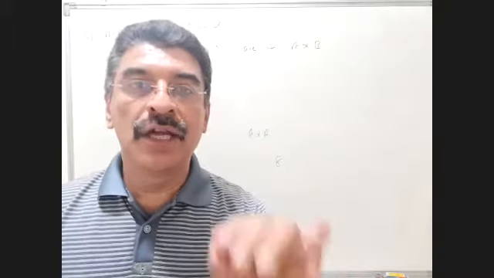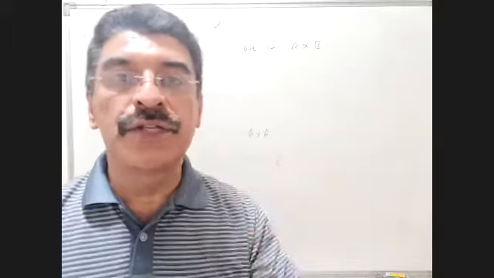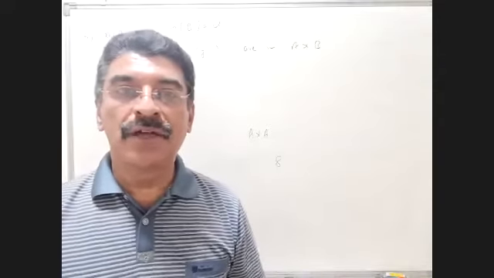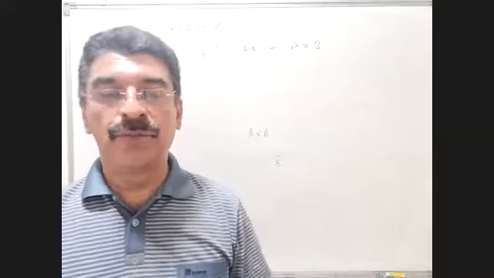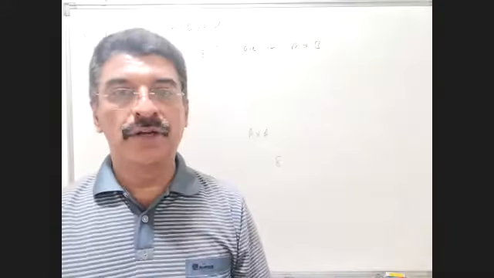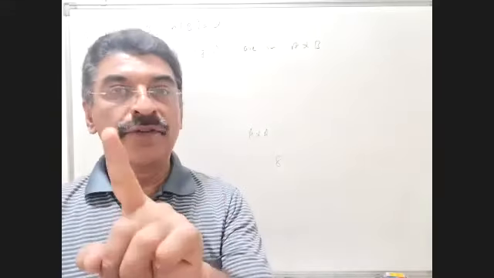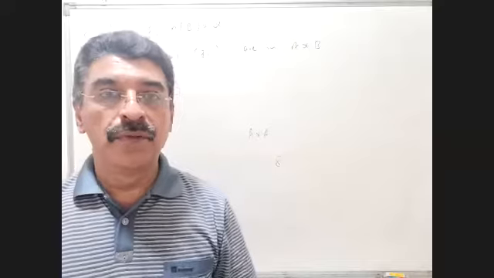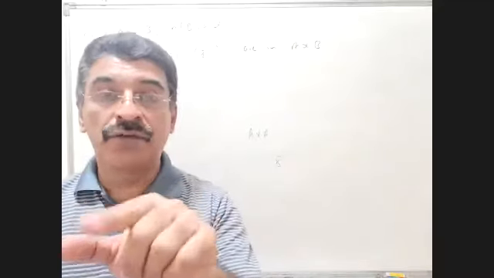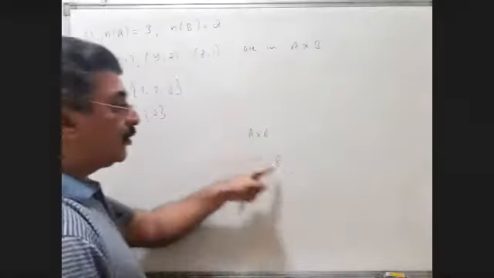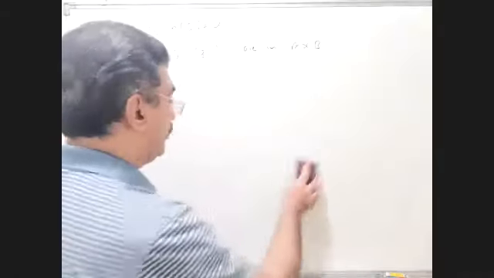At once you can comment that it's a wrong statement. Why? The number of elements in A cross A will always be a perfect square. If n(A) is 1, A cross A has only 1. If n(A) is 2, A cross A will be 2 into 2, 4. If n(A) is 3, A cross A will be 3 into 3. So 8 is not possible. Only perfect squares are possible.